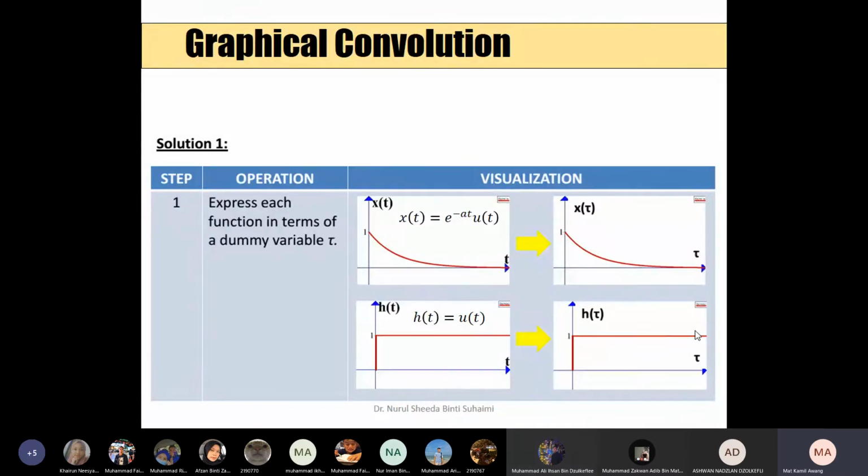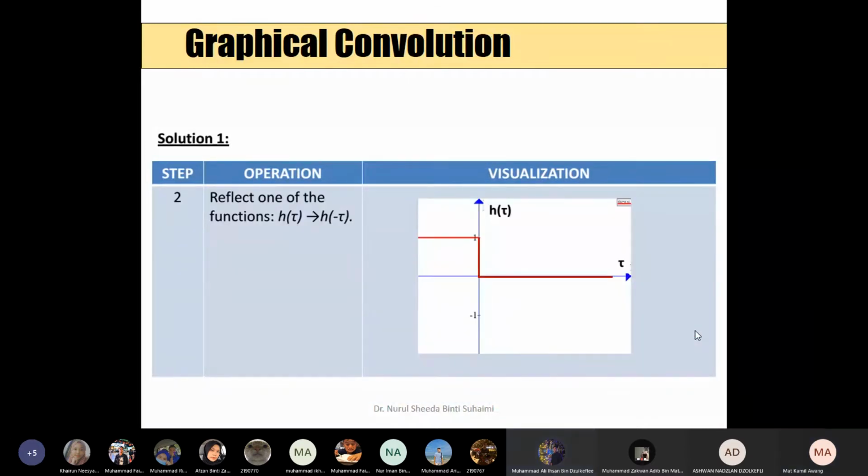Step 2: first, h of tau. Reflect the function h of tau to be h of minus tau. So now you flip it about the y-axis, and it becomes like this.